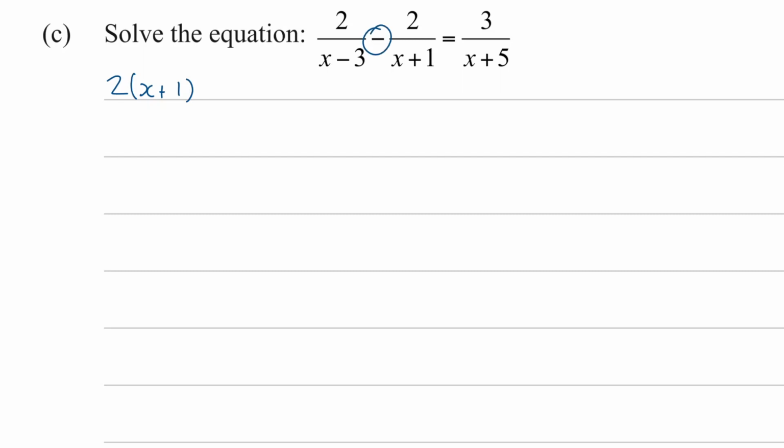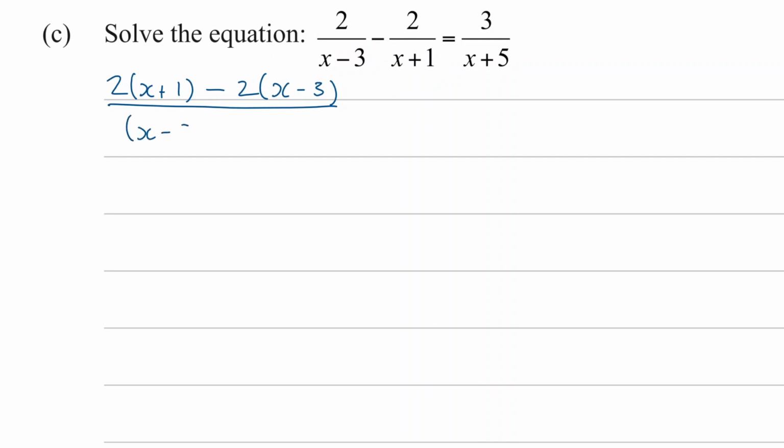Then we subtract. So if this was a plus sign there, we'd be adding, but here it's minus, so we'll subtract 2 times x minus 3. And that is all over our new denominator of x minus 3 times x plus 1.